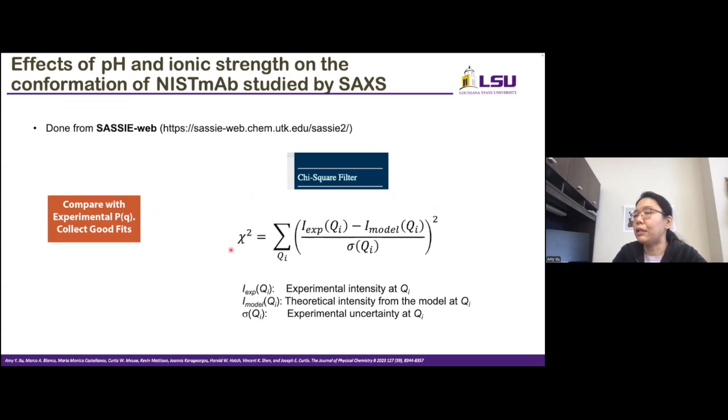The underlying assumption here is that if a theoretical scattering curve gives you a chi-square value that's less than 5, that suggests the theoretical scattering curve is a good fit of the experimental data, and it's likely that the antibody you are measuring will have that particular conformation.